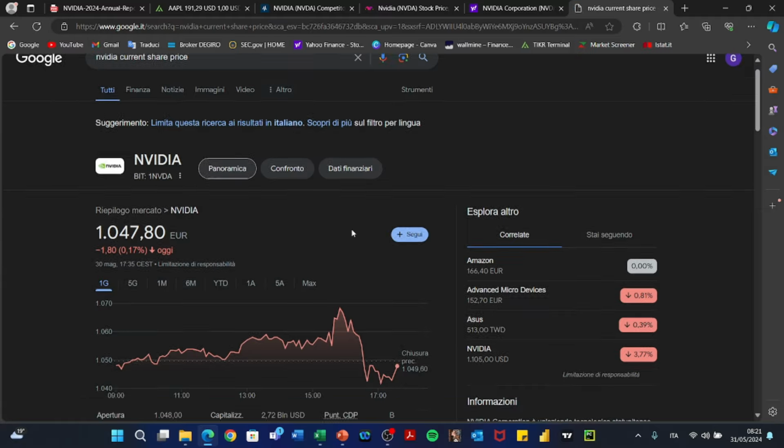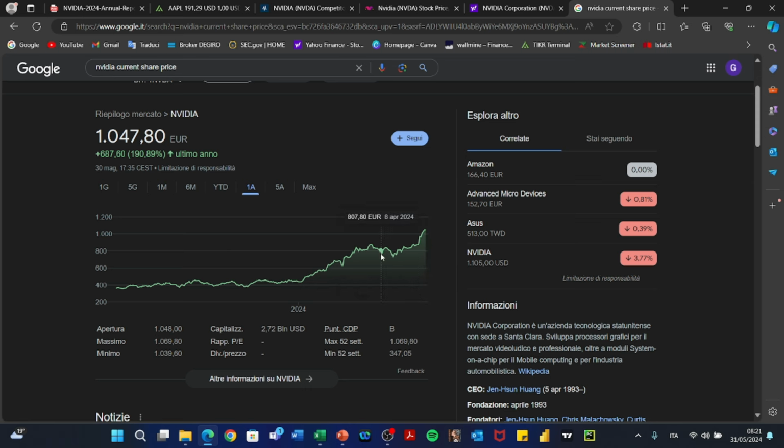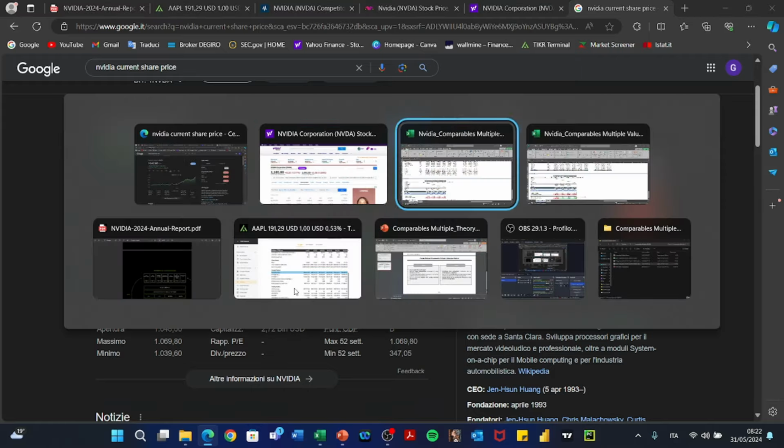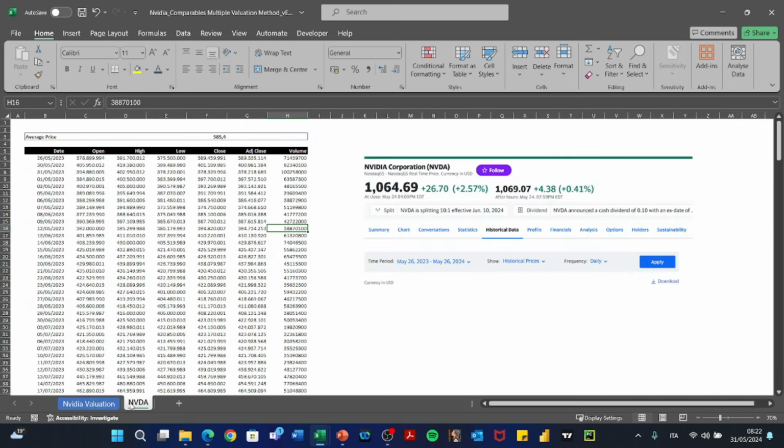If we look at the chart of the last year, you can see it soared, increased in the last year, in the last 6 months. So I have decided to collect the average of the last 1 year closing share price.